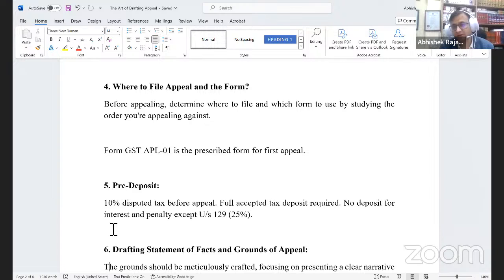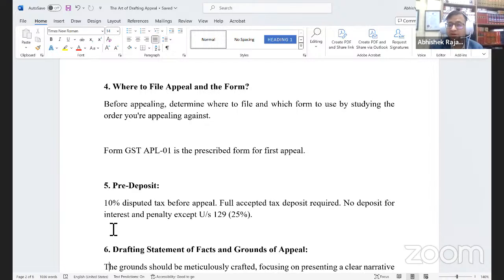This is my own money, I can pre-deposit through ITC. So in a few cases appeals were rejected, matters went to high courts, and it was held that pre-deposit could be made through ITC. Was this the first time this judgment came from the Bombay High Court, in the case of Omax Reality or something like that.